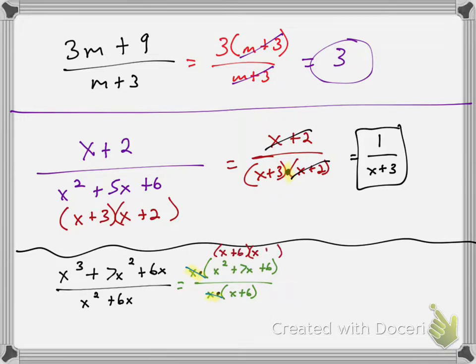The numerator then factors x plus 6, x plus 1, and we can reduce the x plus 6, and our answer is x plus 1. We could say x plus 1 over 1, but just the same way you wouldn't write 7 over 1, you would just write 7, you're not going to write x plus 1 over 1, you're going to write just x plus 1.